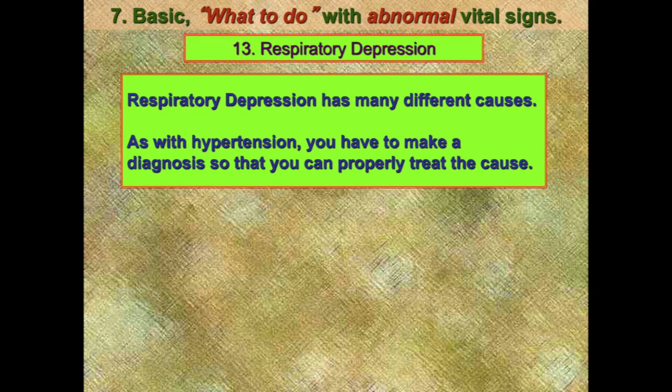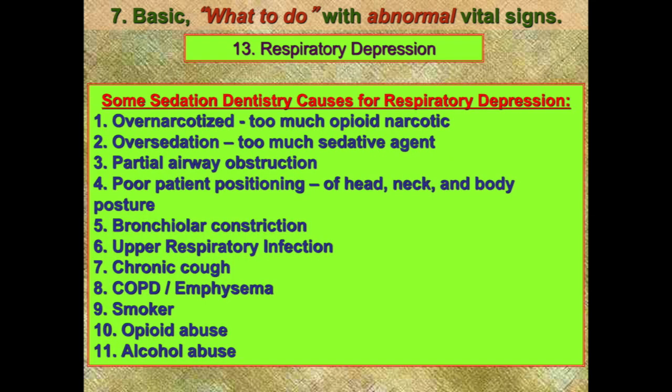Our last emergency is going to be respiratory depression, and it has different causes. As with hypertension, you have to make the diagnosis so that you know how to treat the cause. So just like hypertension, respiratory depression, again, has a lot of different causes. And they can be due to the over-narcotized patient, this patient that's had too much narcotic or sedation medication.